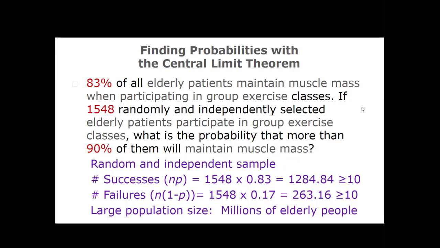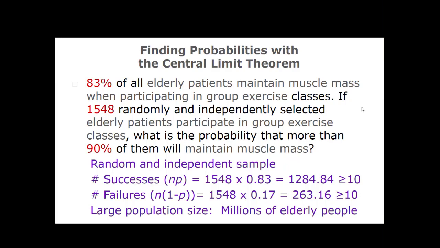If I multiply the 0.17 by the sample size, which is 1,548, I will get that approximately 263 people will not maintain muscle mass. Since 263 is greater than or equal to 10, I have also met the criteria for a large sample.